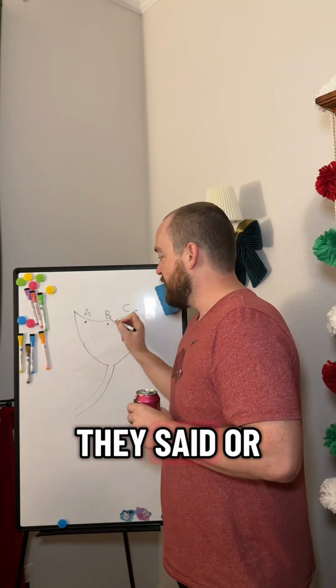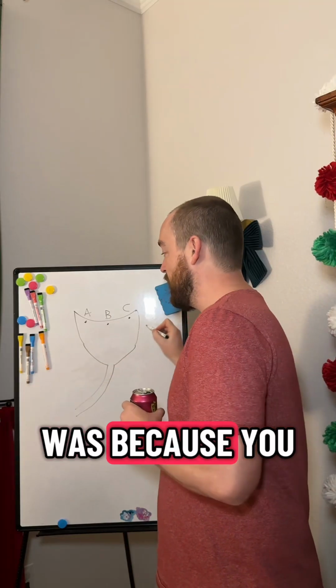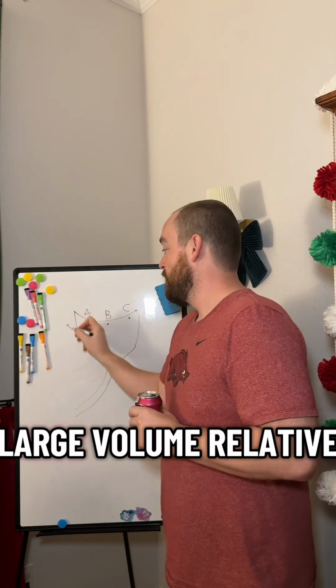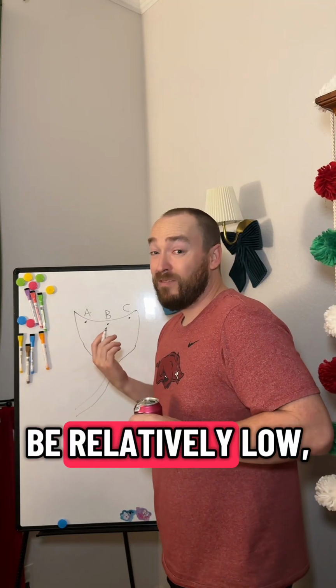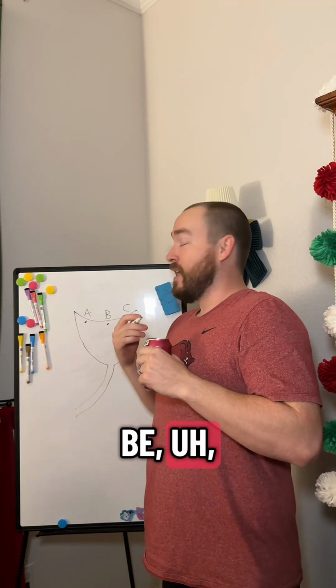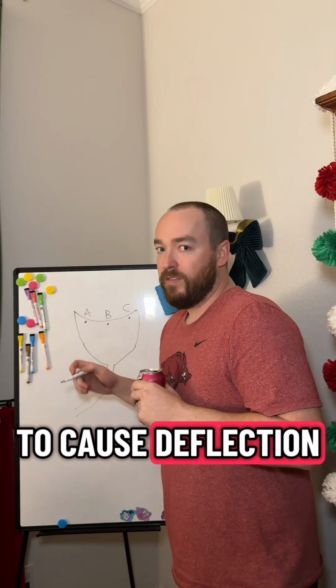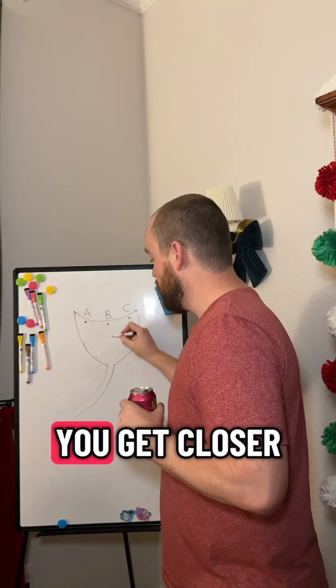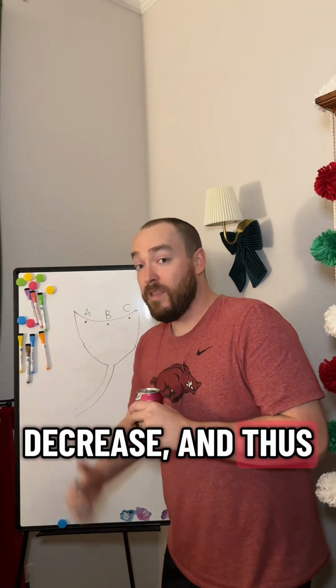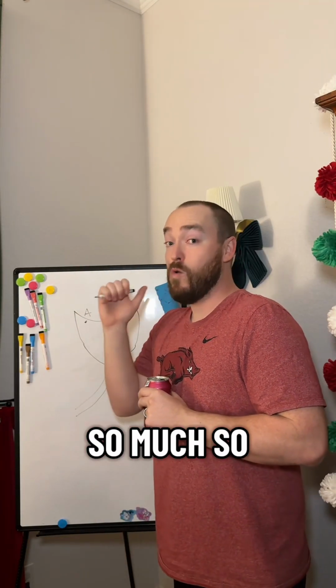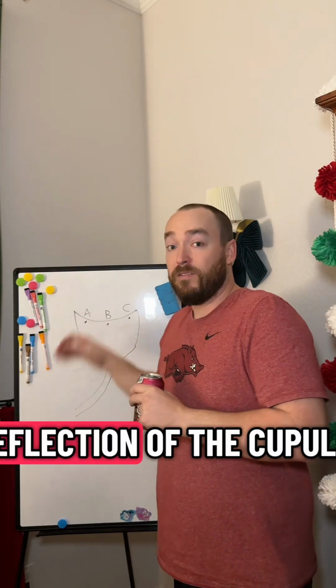And so what they suggested was, because you have such a large volume relative to the semicircular canal, pressure is going to be relatively low, which is not large enough to cause deflection of the cupula. And so as you get closer to the semicircular canal, volume is going to decrease and thus pressure is going to increase, so much so that we get deflection of the cupula.